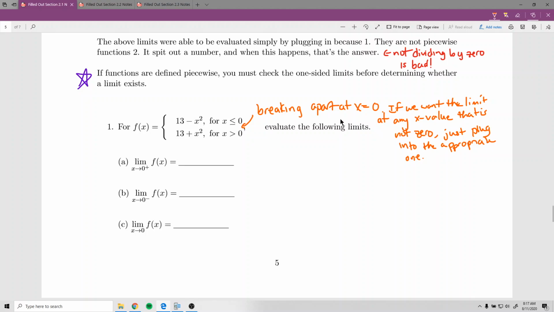Now if we want the limit as x equals 0, which you can see by the question here, you're going to want to plug it into both and then compare the one-sided limits, because that's where it's breaking apart.